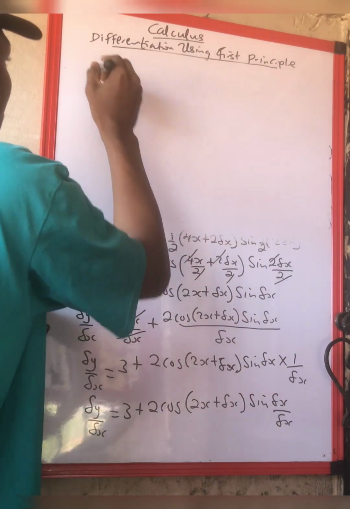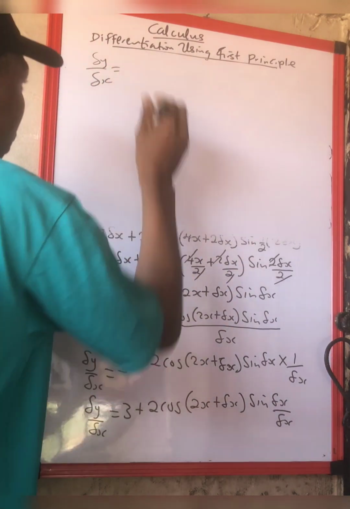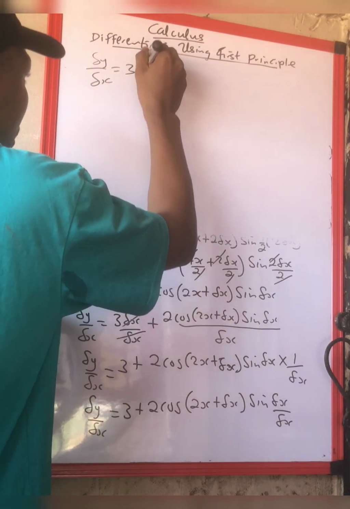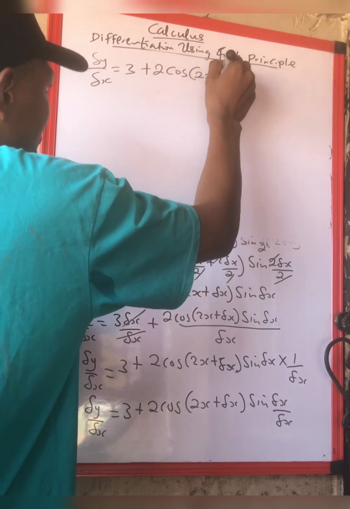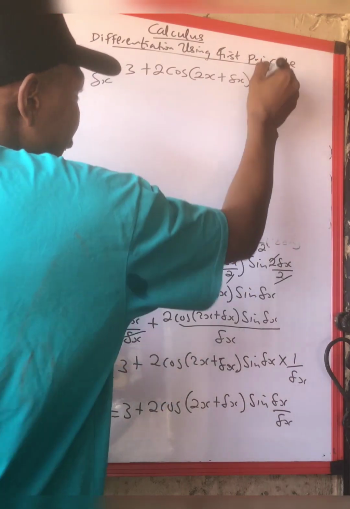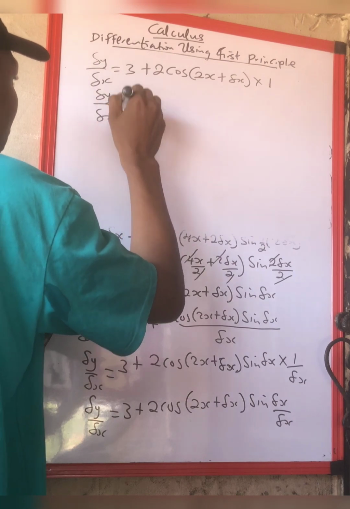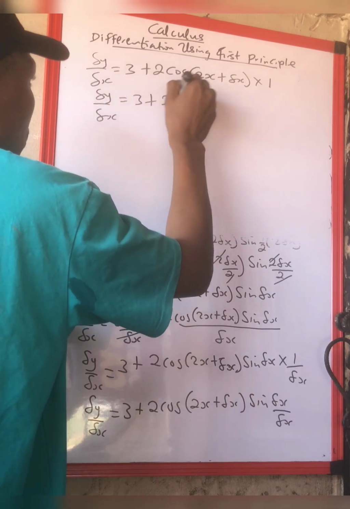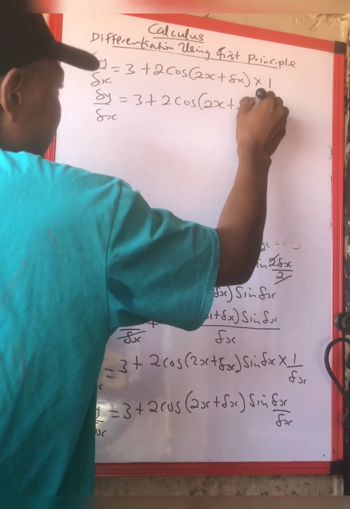So from there, it becomes Δy over Δx equals 3, then plus 2 cos 2x plus Δx, then times 1. We get Δy over Δx equals 3 plus 2 cos 2x plus Δx.